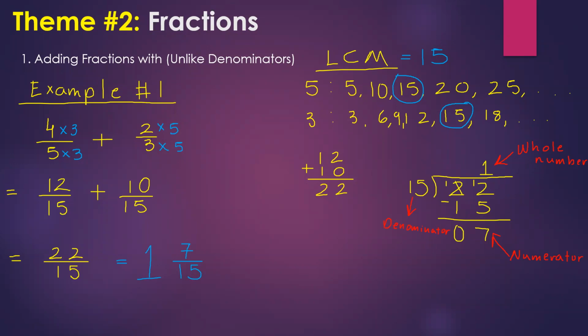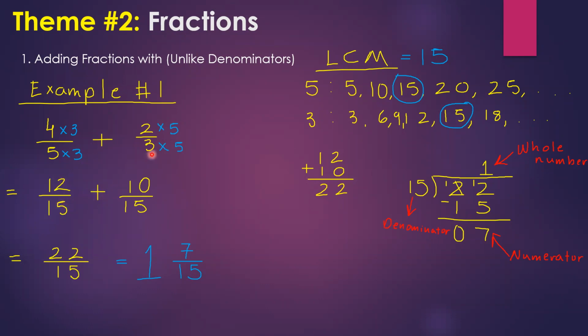So for 4 over 5 plus 2 over 3, we find the lowest common multiple. So we find the multiples of 5 and 3, and the common multiple was 15. So how many times can 5 go into 15? 3 times. So what you do on the top, you do to the bottom. So you get 12 over 15.